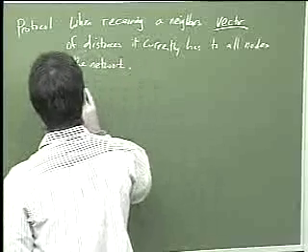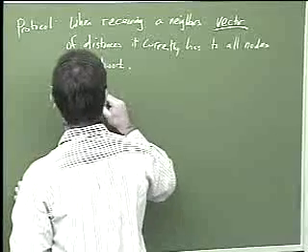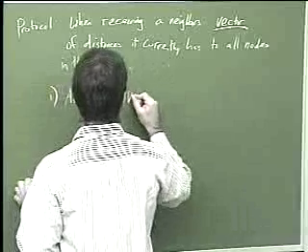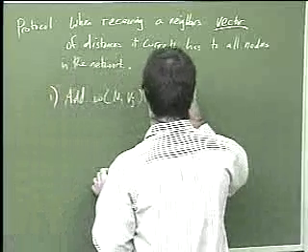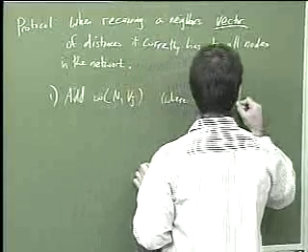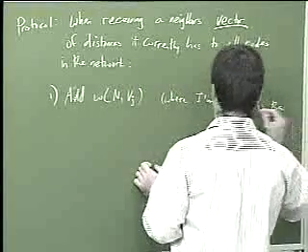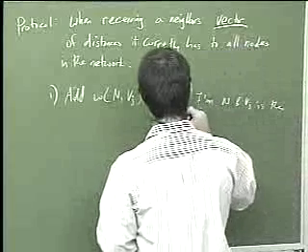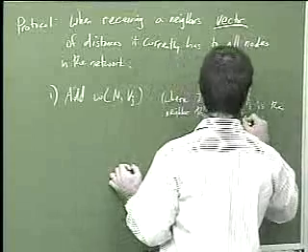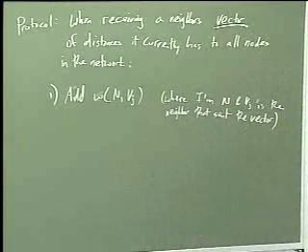One, I add the weight of edge n to vj, where I'm n and vj is the neighbor, that's the node that sent the vector.